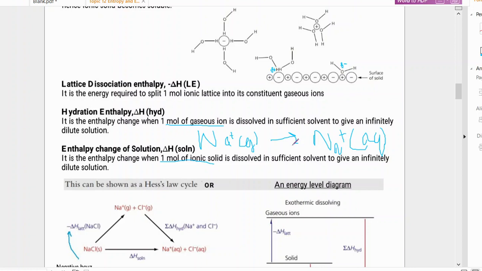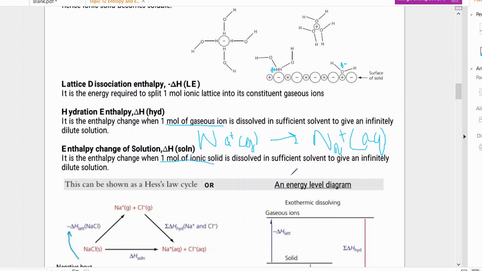Perfectly fine. But you will not be told in the MCQ that you are being asked about hydration enthalpy. Rather, you will be given two equations. Let's say an equation like this for sodium. Listen to me carefully. And an equation like this for barium. And you will be asked in MCQs whether the enthalpy change is, say, more exothermic, less exothermic, more endothermic, less endothermic, or the same.